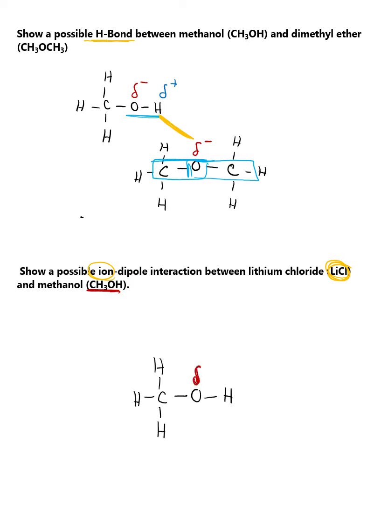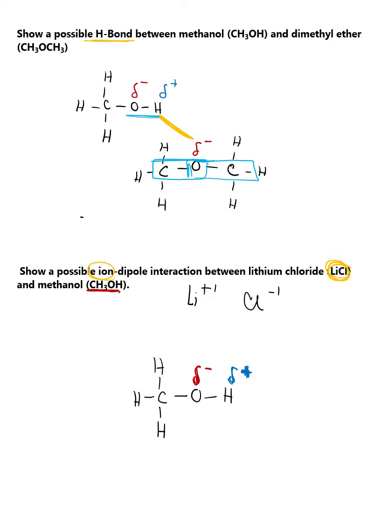Delta minus, delta plus. Now your ionic compound lithium chloride, lithium group 1 plus 1, chloride group 7 minus 1.